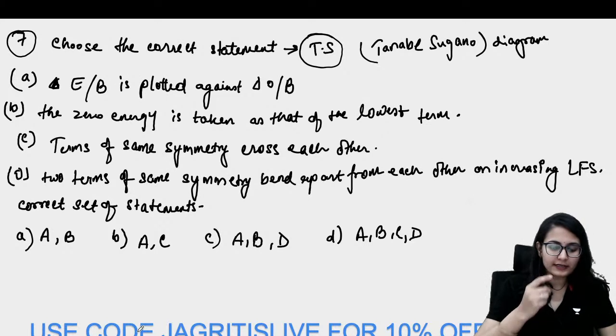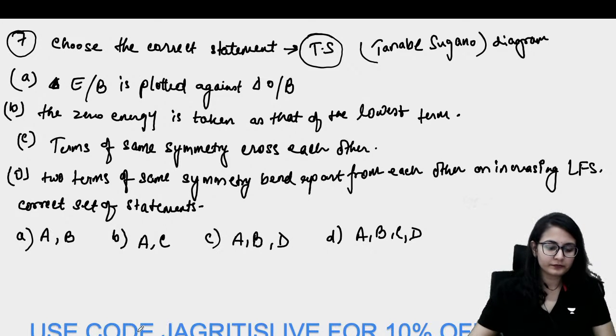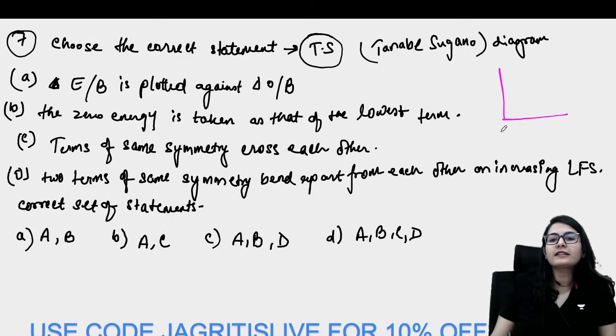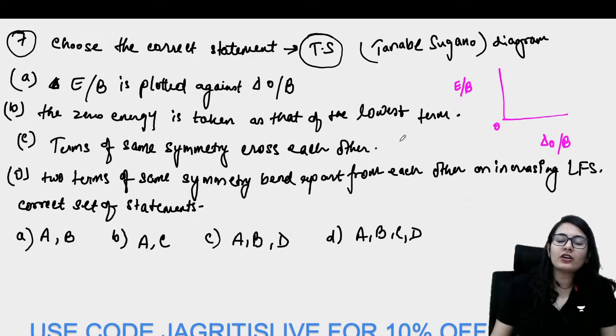Yes, guys, what do you think is the correct answer? How are your TS diagrams represented, guys? If you have studied your TS diagram, they start from 0 over here. We are plotting E upon B against del O upon B, where B is your Racah parameter: 0, 10, 20, 30, 40, and so on.